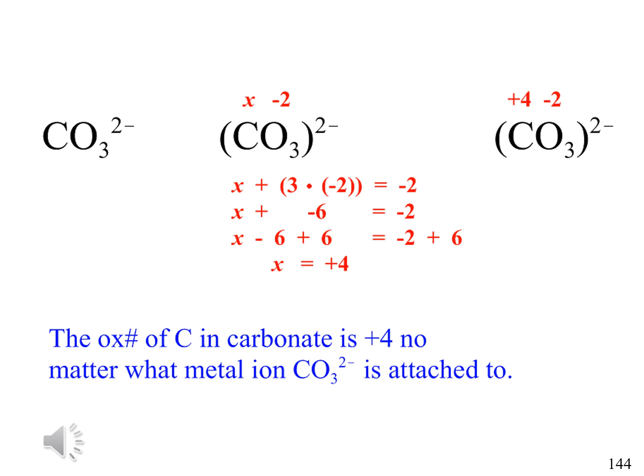So for example, SO3 2- has a +4 sulfur, SO4 2- has a +6 sulfur, doesn't matter what's attached to it. And so that's an important part of determining the properties of what the polyatomic ion is going to do by knowing the oxidation number of the central atom in it.